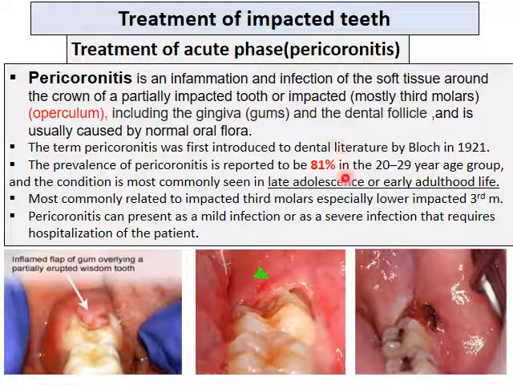This is the time this complication is expected, because the normal eruption of the lower third molar is between 18 and 20 years. If there is a delay or a problem in the eruption, it is expected to see this patient at that age. The condition is commonly seen in late adolescence and early adulthood.